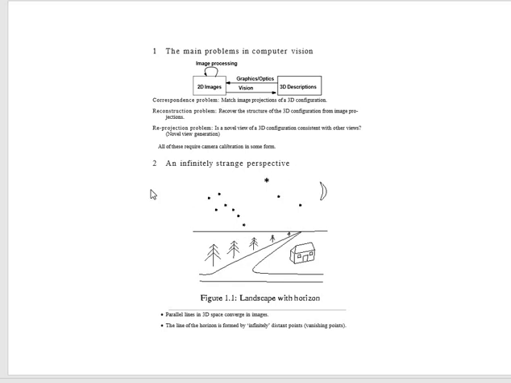So how are we going to deal with this problem? Consider an infinitely strange perspective. We have an image with different objects. This figure shows a landscape with the horizon. Here the parallel lines in 3D space converge in the image, at the line of the horizon formed by infinitely distant points, that is the vanishing point.